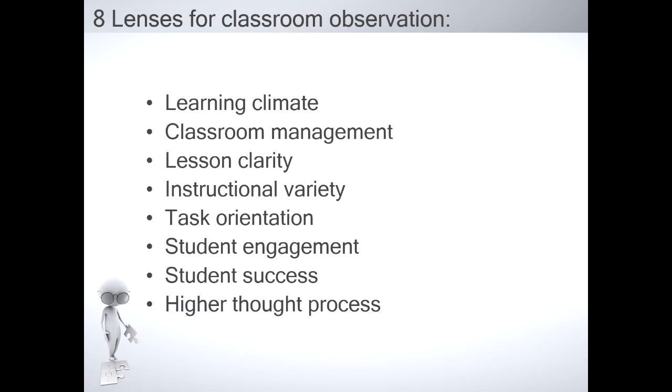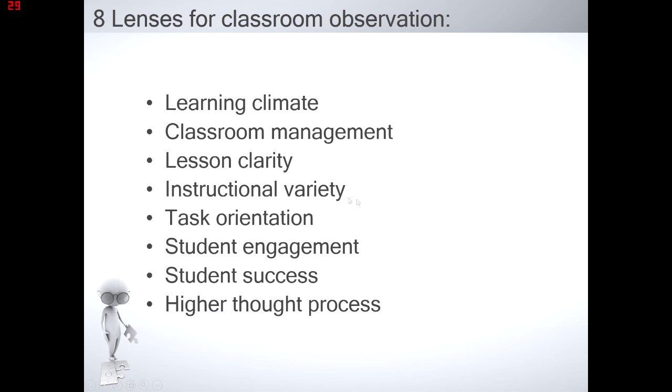So there are 8 lenses for classroom observation. If you look at the lenses, there are ways of looking at a classroom. So when you're sitting down watching a teacher teach, or if you were like a little bird in a room watching yourself teach, you'd be looking at the learning climate. So how does it feel in the classroom? The classroom management techniques used by the teacher. The lesson clarity. So are the lesson's outcomes or the purpose of the lesson being clarified to the students clearly?